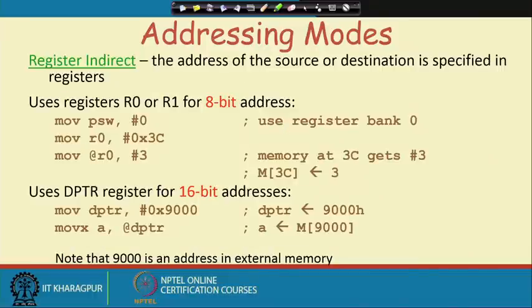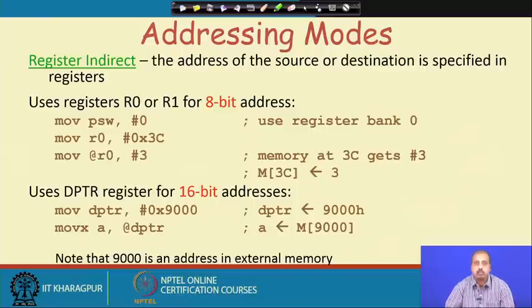You can use the register indirect mode, where the address of the source or destination is specified in registers. For example, MOV PSW, #0 sets the usage of register bank 0.